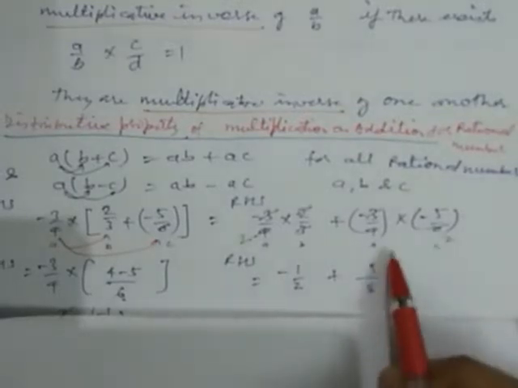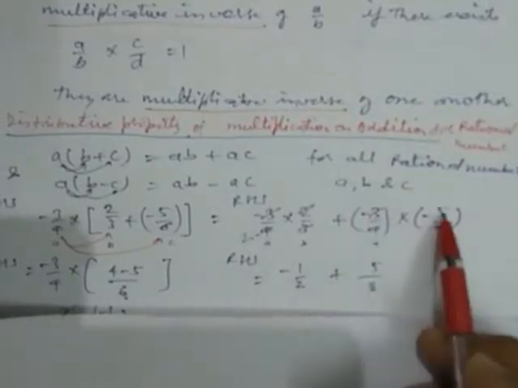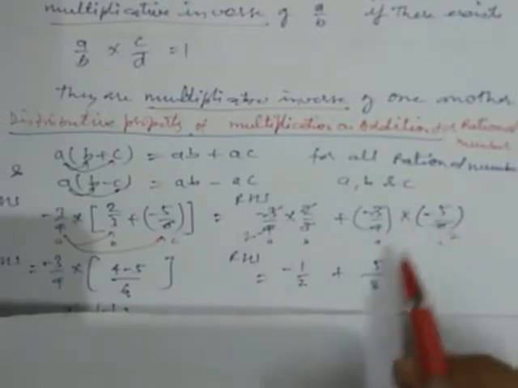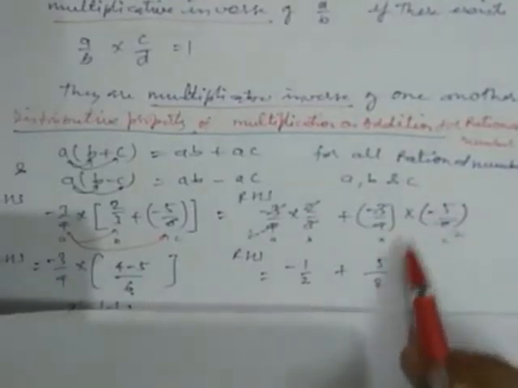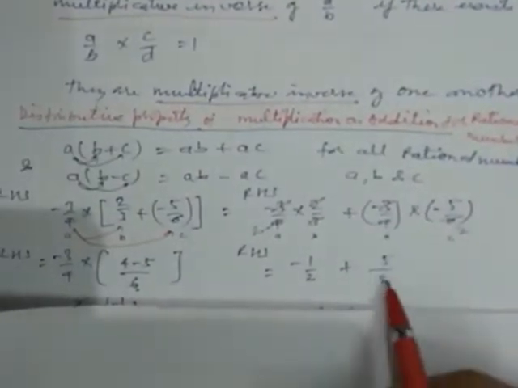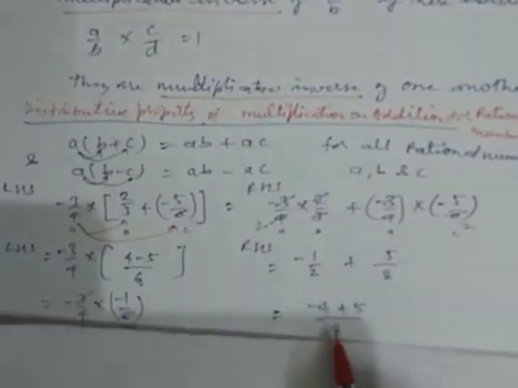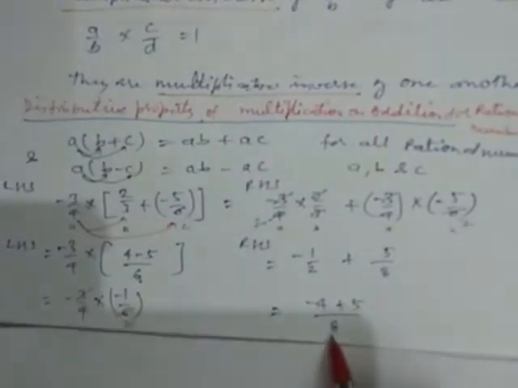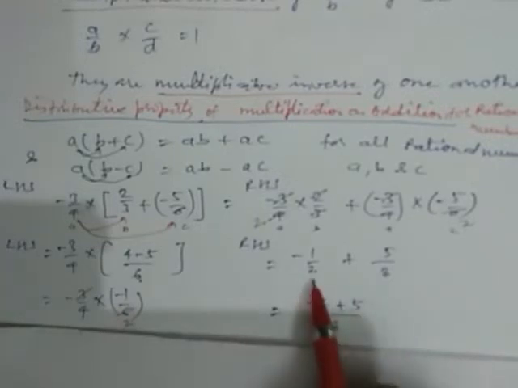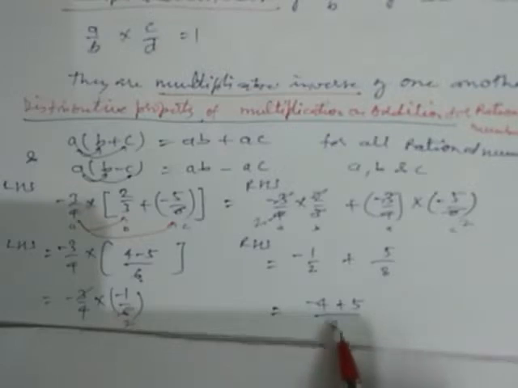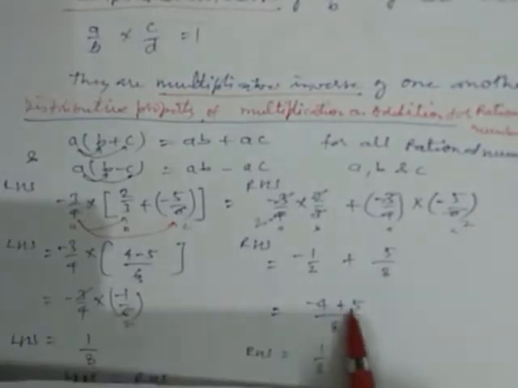Okay, so in the numerator minus into minus 5 is 5, minus into minus plus 4 into 2 is 8. Now take the LCM of both of these. 8 is the LCM. Okay, when divided by 2 we get 4. 4 and minus 1, this is minus 4, this is 5. By taking the difference of these we get 1, so 1 by 8.